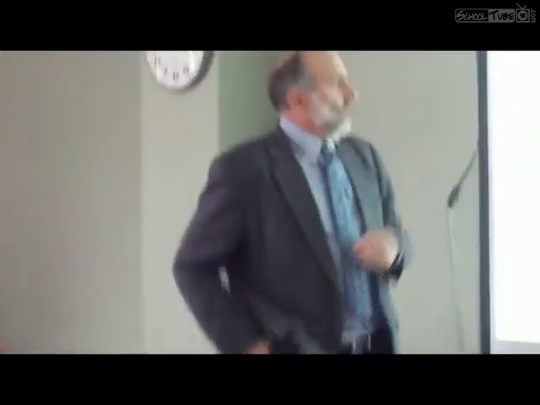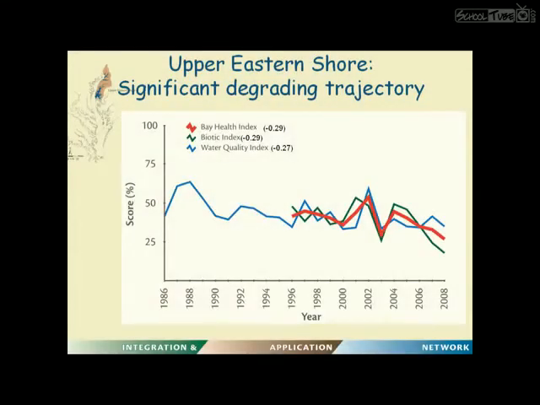So therein lies the issue that I want to address in this lecture. Let me drill into two examples, and I'll go with the Upper Eastern Shore. Remember that was a significantly negative Bay Health Index, R squared of minus 0.29, devolving into the Biotic Index, also 0.29, and the Water Quality Index, 0.27.